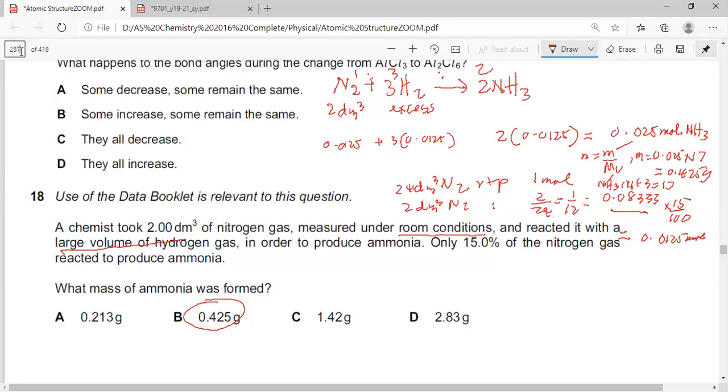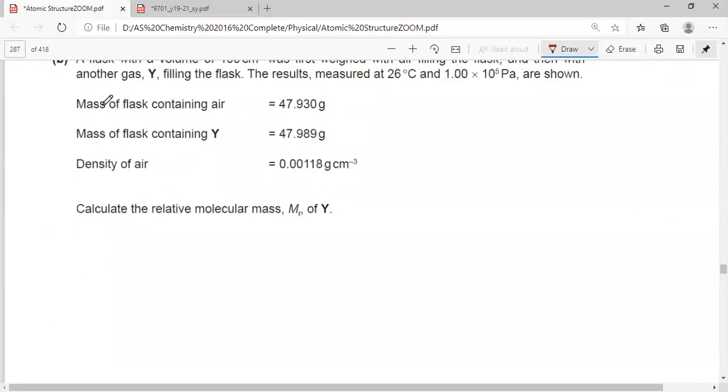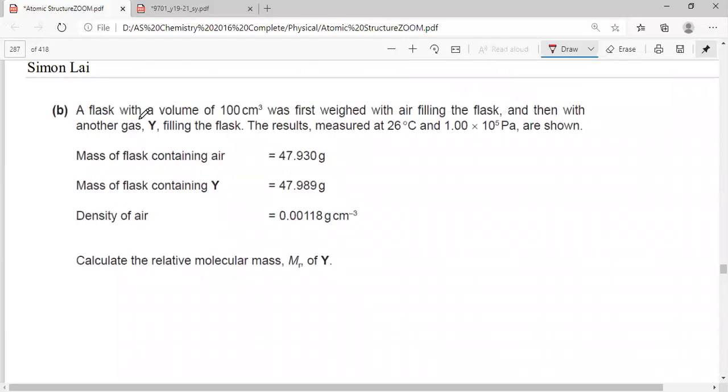287 now. This is a bit of a tricky one. A flask of volume 100 cm³ was first weighed with air filling the flask, and then with another gas Y. The results, measured at 26 degrees centigrade and 1 atmosphere, are shown.